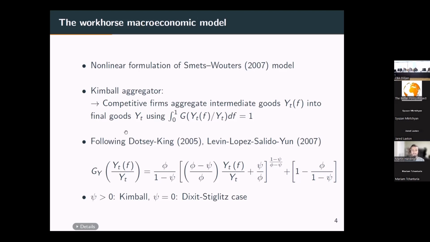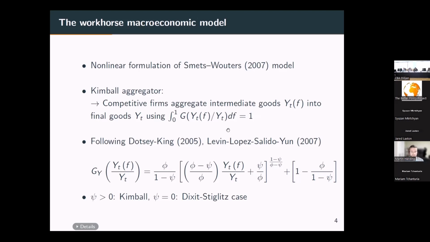And the Kimball aggregator refers to how those intermediate goods are aggregated. So we're going to have competitive firms that are going to aggregate these intermediate goods Y_t(f) into a final good Y_t using this technology here, this integral over this implicitly defined G function here. So you see that the Kimball aggregator is a general formulation of perhaps the more standard Dixit-Stiglitz aggregator.